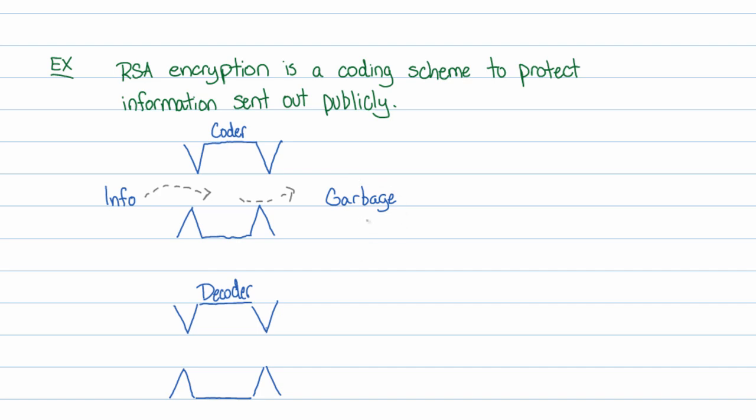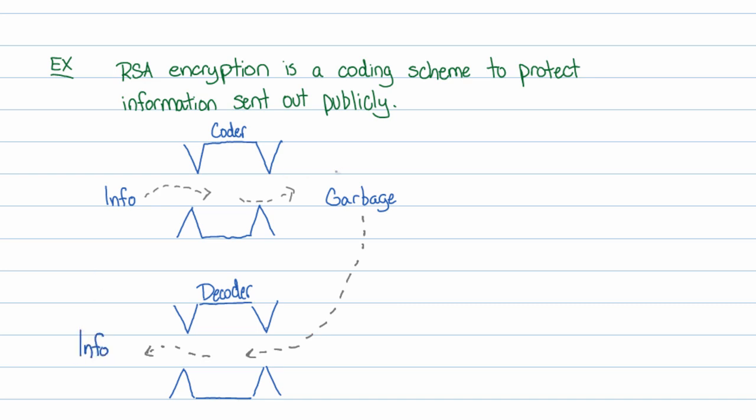Just a bunch of numbers. But the person who receives it is the only person really in the world that has this decoder. And so that garbage goes into that decoder and comes out of that decoder as the original information that you gave them.